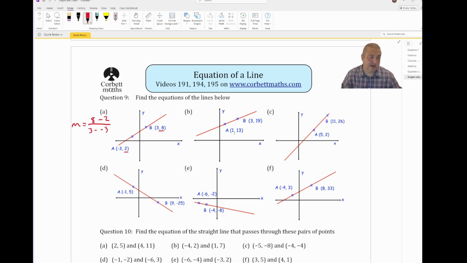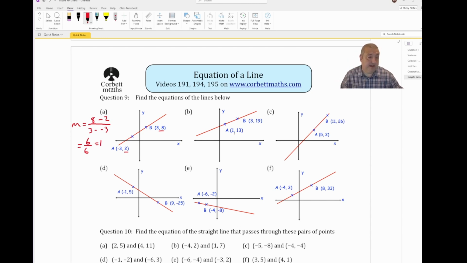That's where it can get a bit tricky. Double negatives. So what's that? That's going to be 6, because 8 take away 2 is 6, divided by 3 take away -3, which is 6, because we're adding double negatives. And that's going to equal 1. We have a gradient of 1.